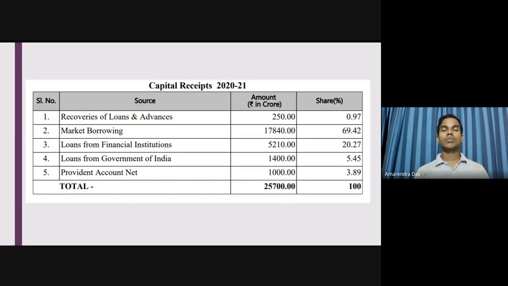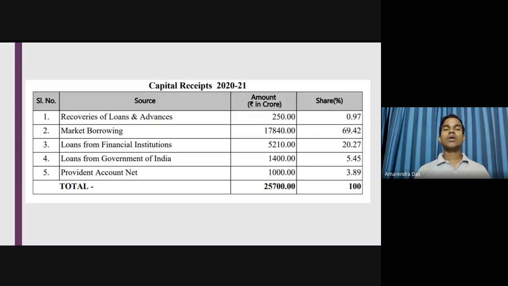State governments have to borrow on their own from the market. So you can see market borrowing is basically the highest component within the capital receipts. Similarly, the state government can also borrow money from the provident fund, because the state government employees give provident fund, and that is basically going to the state government. So these are basically the capital receipts of the state government.